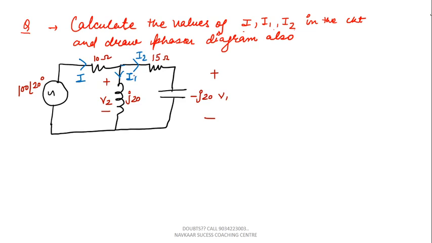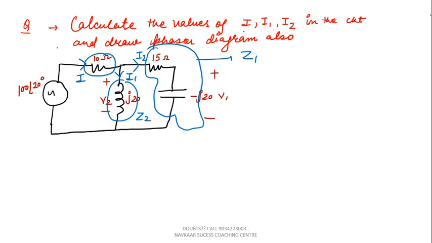Now you just need to imagine that these are single circuits. Suppose I am assuming this one as Z1, this one as Z2, and this one as Z3.